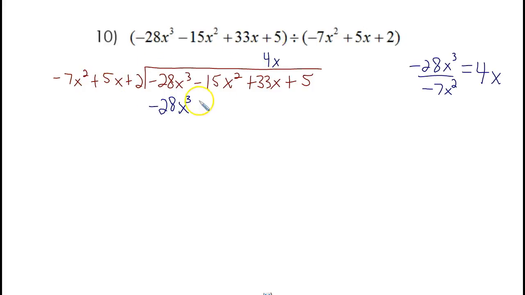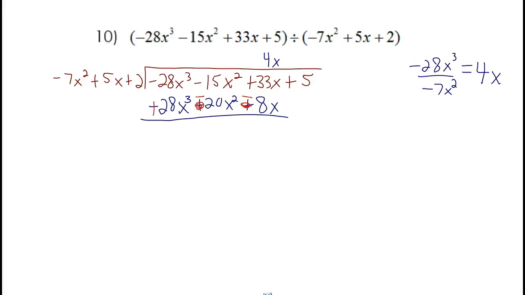4x times 5x is positive 20x squared. 4 times 5 is 20, x times x is x squared. 4x times 2 is positive 8x. When I subtract, all the signs change, so that's going to become plus 28x to the third minus 20x squared minus 8x.